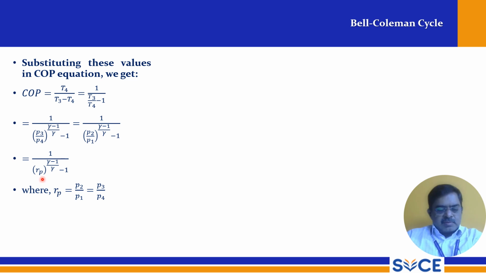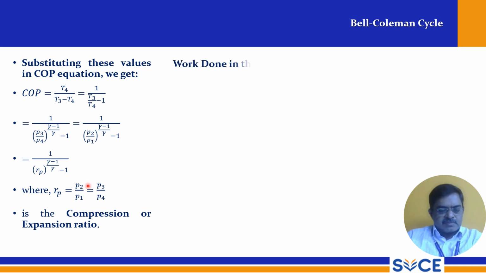RP is either the expansion ratio or the compression ratio. It is P2 by P1 equal to P3 by P4. So RP is the compression or expansion ratio. Please remember this RP also. This term we have not come across in the earlier cycles. It is a very important parameter while solving problems.